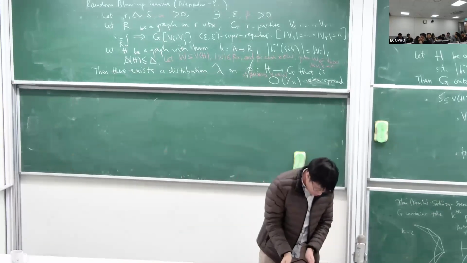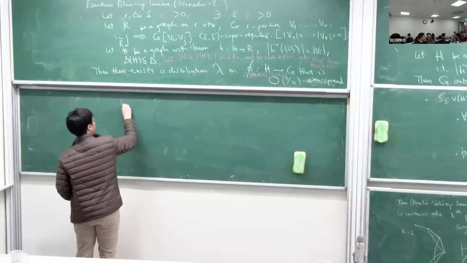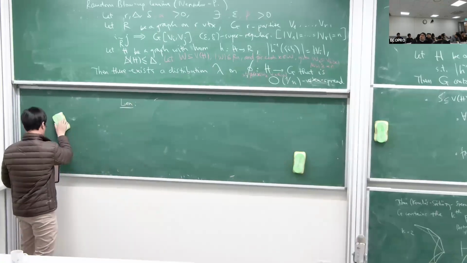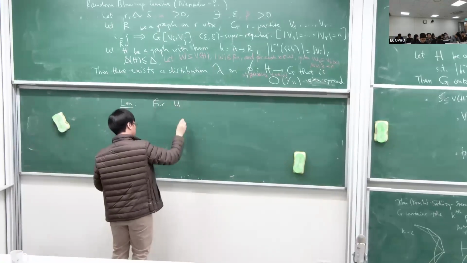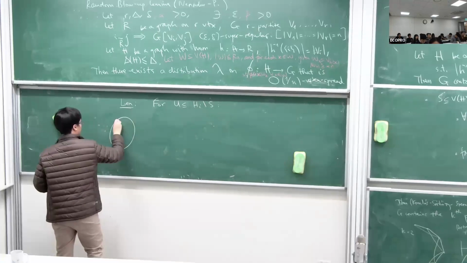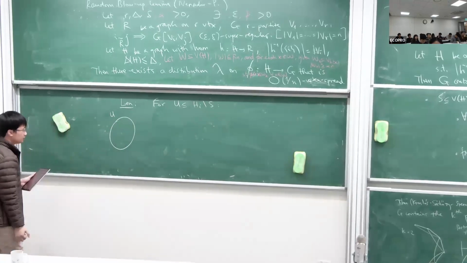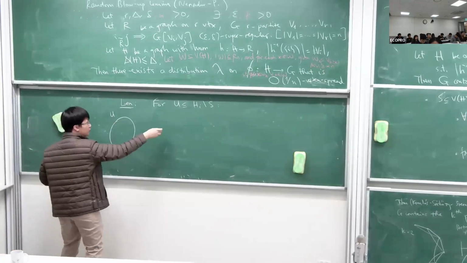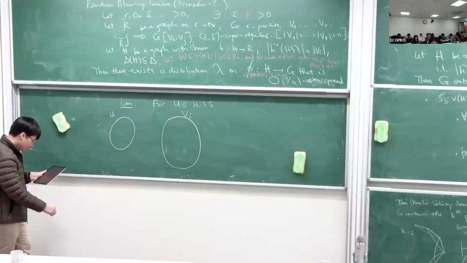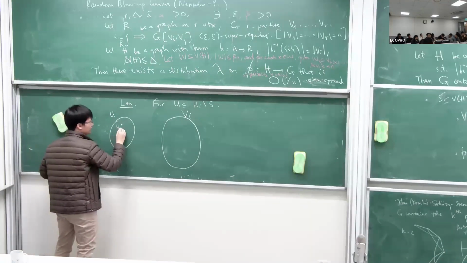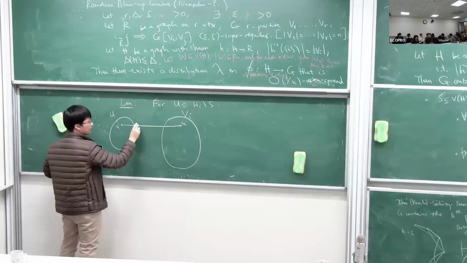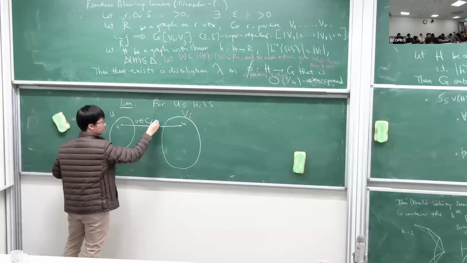So given this partial embedding phi, we can construct the following bipartite graph. Given some vertex set U, think of U as a large subset of vertices of H that we want to embed into this part V_i. Because the embedding phi already gives us some constraints, for every vertex u here and v here, we will put an edge between u and v if v belongs to C phi of u.